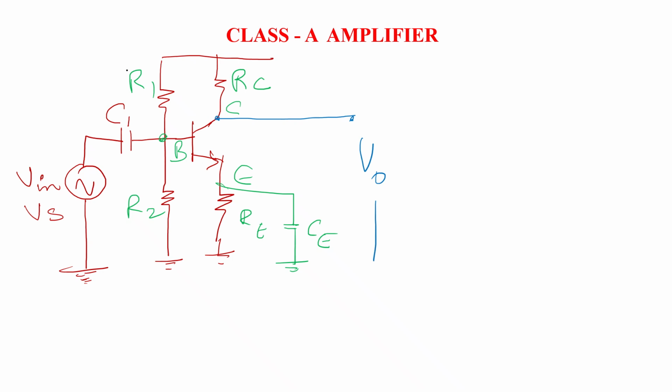So the output is the signal taken across VCE. The amplified output will have a phase shift of 180 degrees.